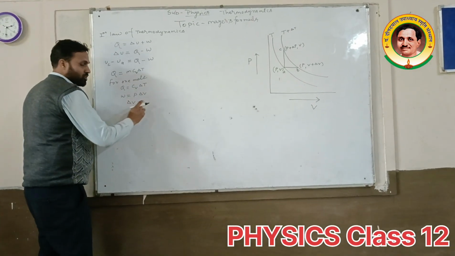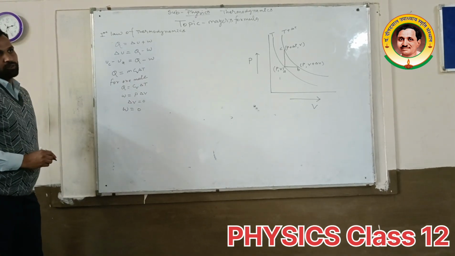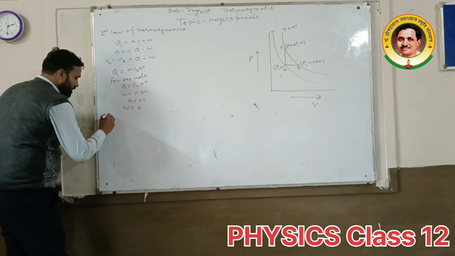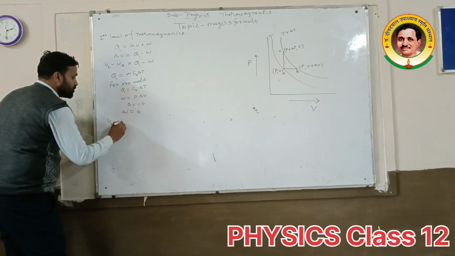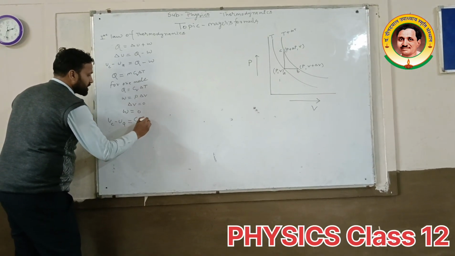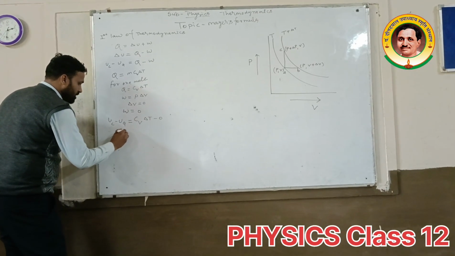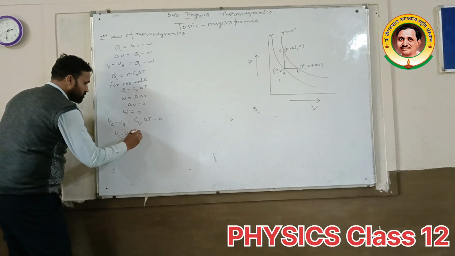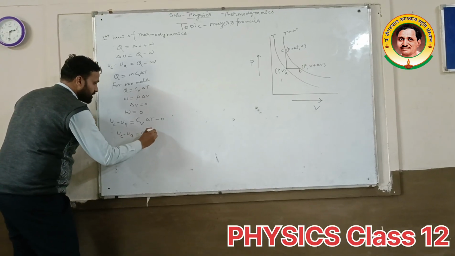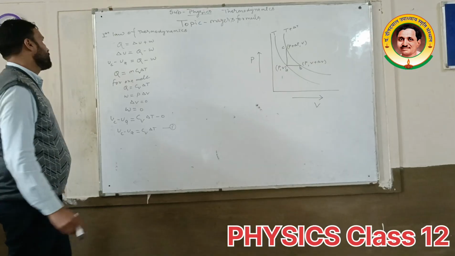If delta V equals 0, the work done will also be 0. Then UC minus UA equals CV delta T minus 0, and hence UC minus UA equals CV delta T. Let us suppose this is equation first.